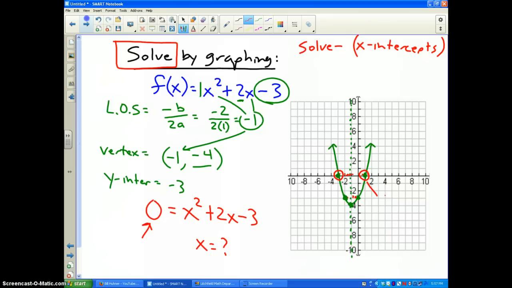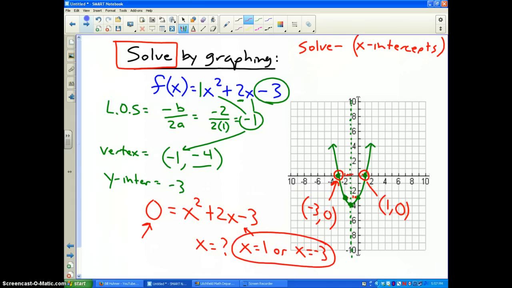This answer, the x value is 1 and the y value is 0. And this one, the x value is negative 3 and the y value is 0. So my solutions to the problem are x equals 1 or x equals negative 3. And if you would plug those numbers in, you would find out your answer is 0. And that is how you solve a quadratic equation by graphing. Find the x-intercepts, and those are your solutions.